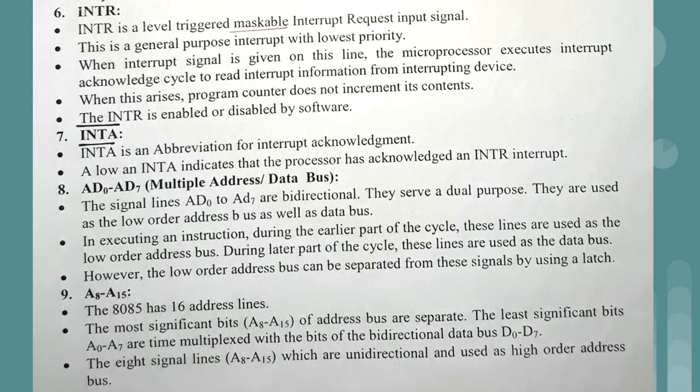When INTR occurs, this pin is enabled because it provides the acknowledgement. So when the INTR interrupt occurs, the microprocessor executes the interrupt acknowledgement cycle by setting the INTA pin, and because of that it will read the information about the interrupt.